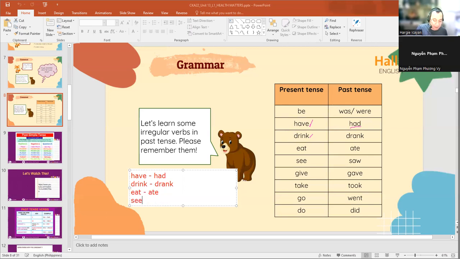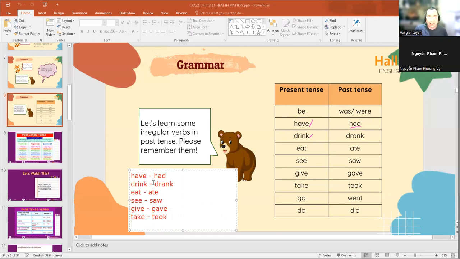What about the past tense of see? Okay, it's saw. What about the past tense of give? Yes, it's gave, okay? What about the past tense of take? It's took, okay?